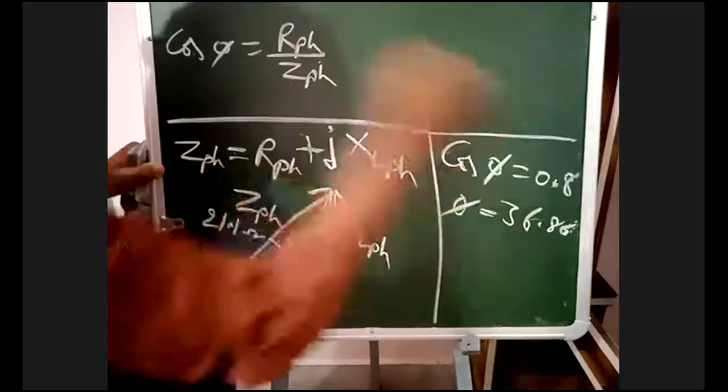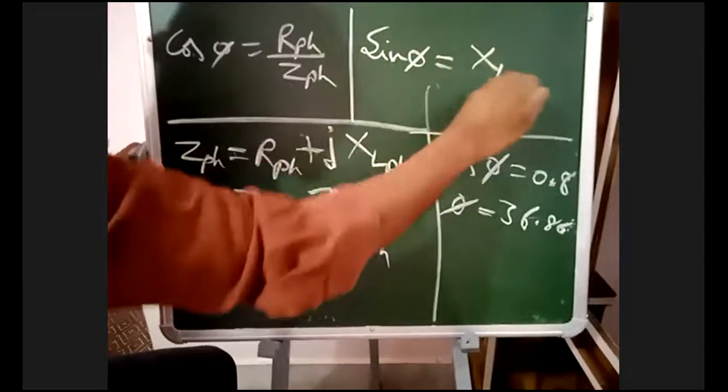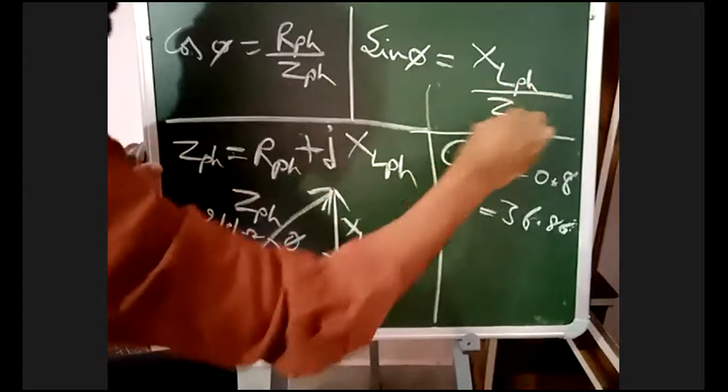Similarly, sin phi is equal to XL phase divided by Z phase.